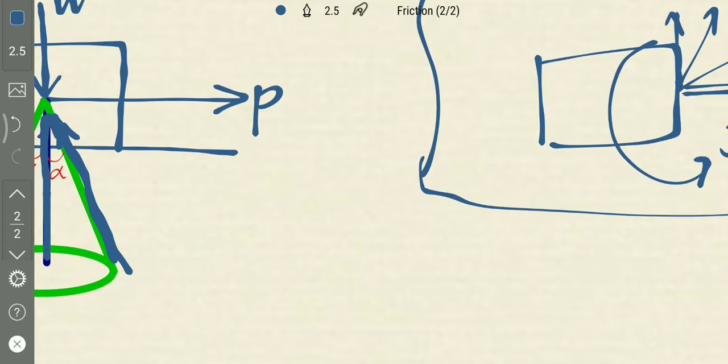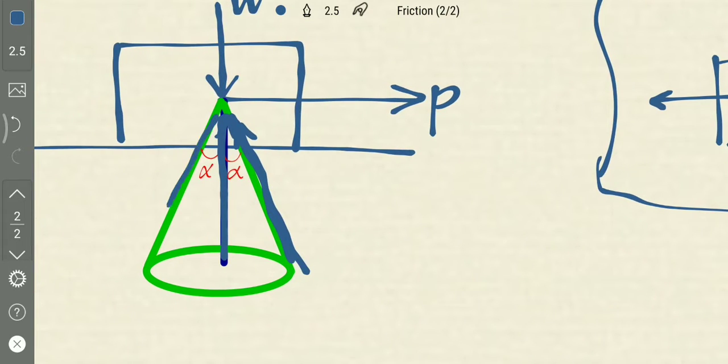So if a force is applied in this direction, which means at 180 degrees, the resultant force will be in this direction. So for every force in the 360 degrees, if we plot the resultant and the normal reaction, a cone will be formed like this, and the angle subtended by resultant and normal reaction will be alpha, which is angle of friction.